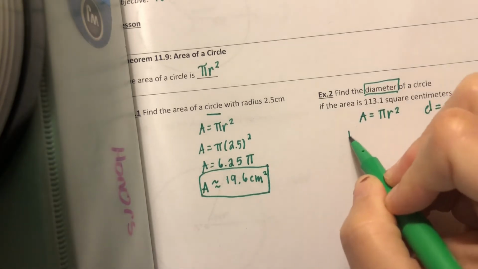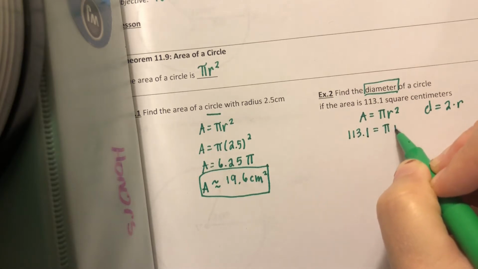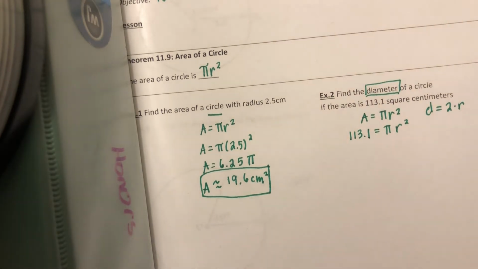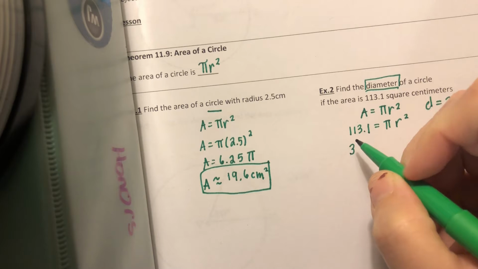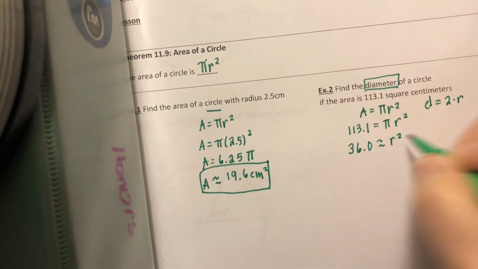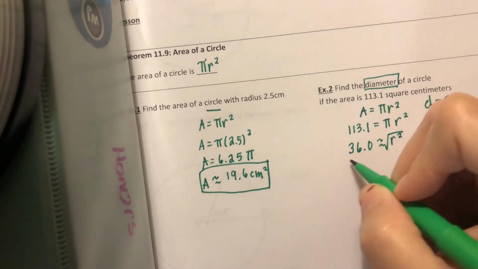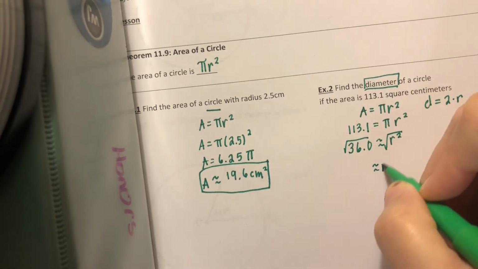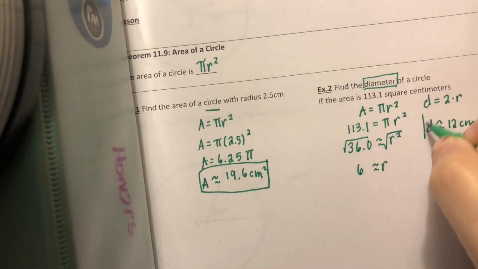So I know my area is 113.1 equals pi times r squared. So I'm going to take 113.1 and divide it by pi, and that's going to give me 36.0008. So we're just going to round this to about 36, and then r squared, so you have to undo that with the square root, and so we're going to get our radius to be about 6, which means our diameter is about 12 centimeters.